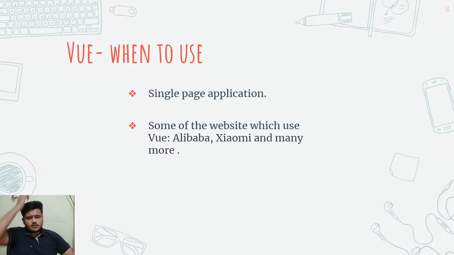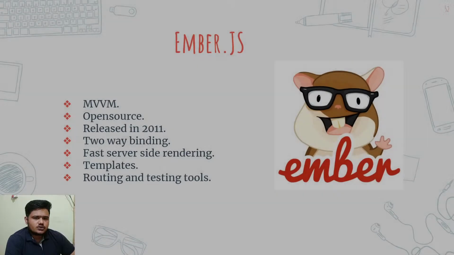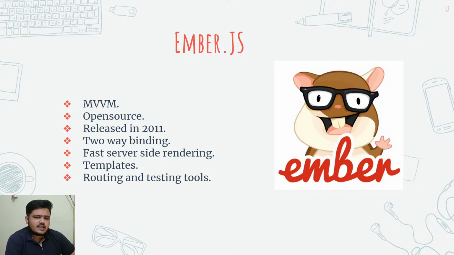So moving forward, the next framework is Ember.js, right? When we say Ember.js, it is an MVVM framework, an open source JavaScript web framework, which was released in 2011 and has gained a considerable level of popularity since then.